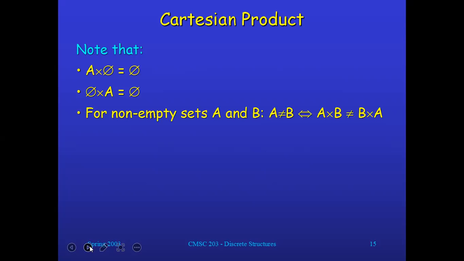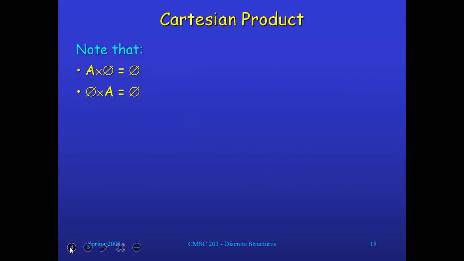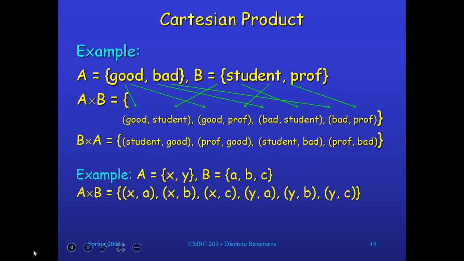So for non-empty sets A and B, if A is not equal to B, it implies the Cartesian product of A and B is not equal to the Cartesian product of B and A. The number of elements of the Cartesian product of A and B equals the number of elements of A multiply the number of elements of B. This is why we got 4 elements in the previous slide: 2 multiply 2, 4 only.